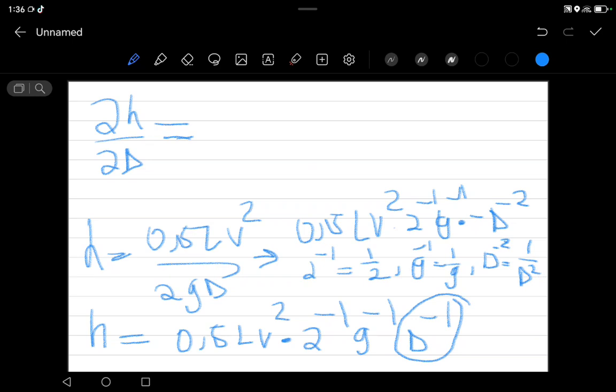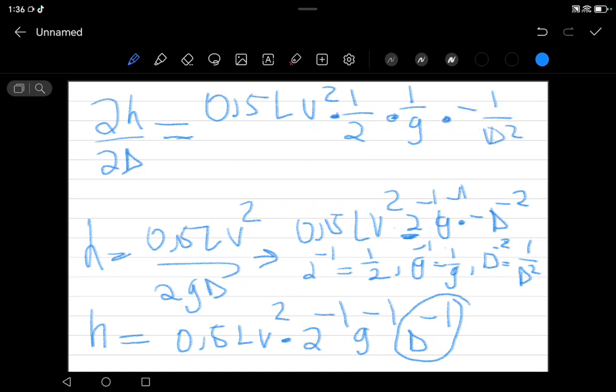Okay, so what we're going to do here, we're just going to write our equation. So it's going to be 0.5 LV squared multiplied by 1 over 2, it's this one, multiplied by 1 over g, it's g to the power of negative 1, multiplied by negative 1 over d squared.